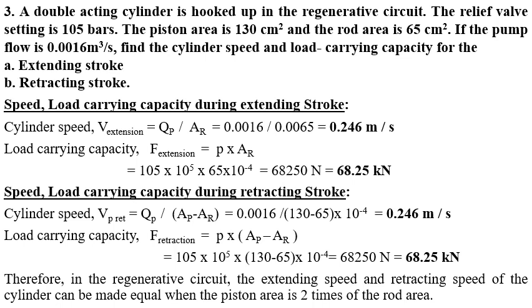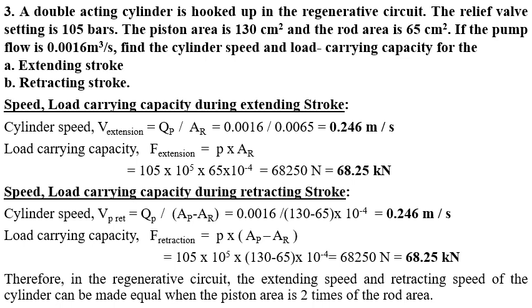Simplify this, we will get 68,250 Newton. It is nothing but 68.25 kilonewton. Speed and load carrying capacity during extending stroke are 0.246 meter per second and 68.25 kilonewton respectively.